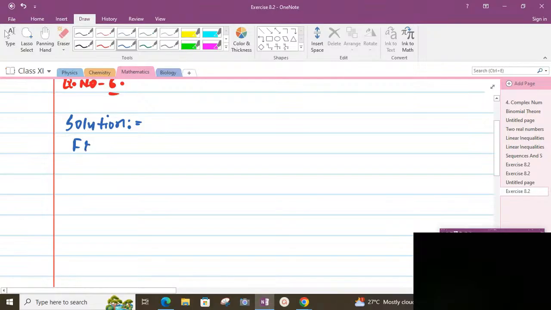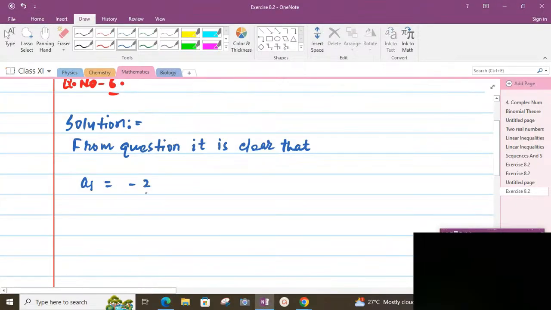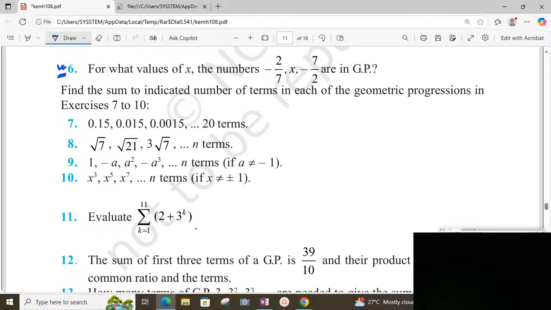From the question it is clear that a1 equal to minus 2 by 7, a2 equal to x, and a3 equal to minus 7 by 2.